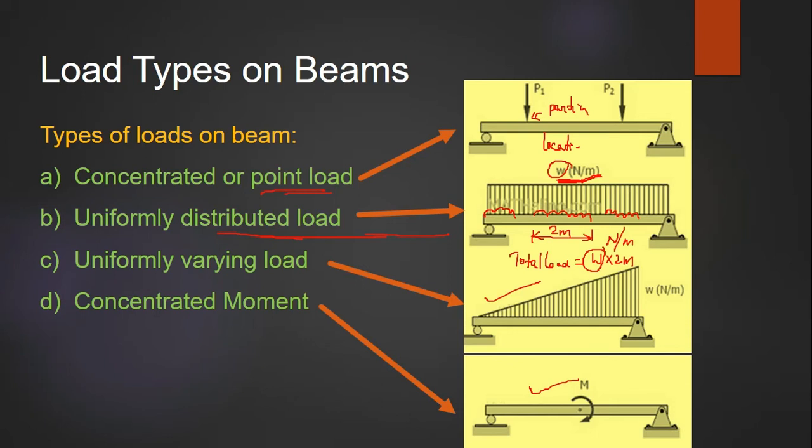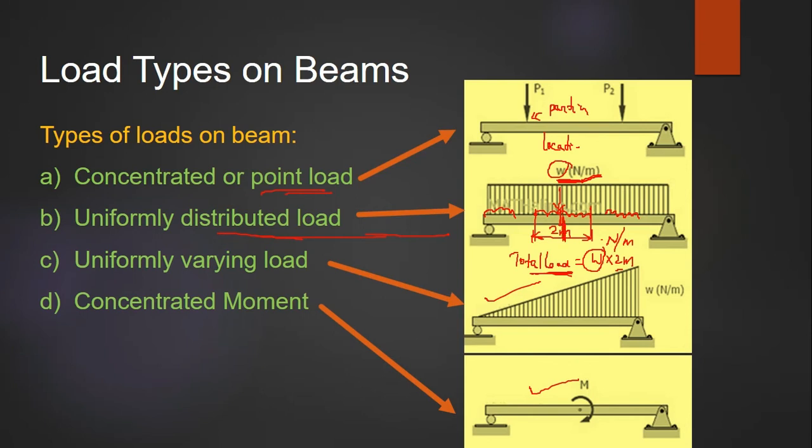Therefore, as the span is 2 meter, W into 2 will give you the total UDL force. And remember that this UDL always acts, or is taken to be concentrated, at the midsection of the loading. If this is the starting and this is the ending point of the load, what will be the midsection here?